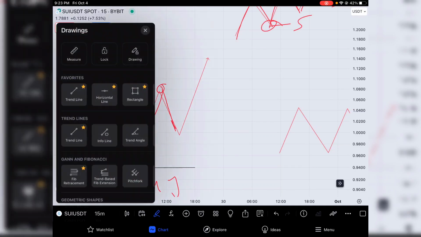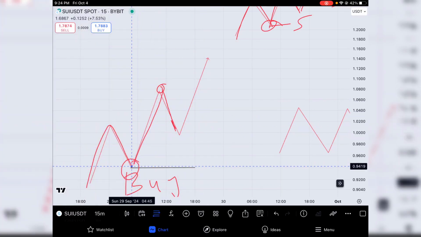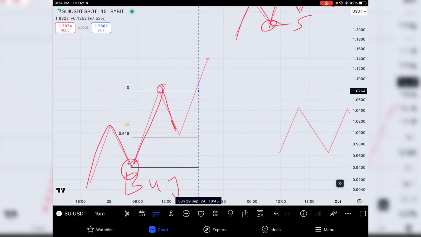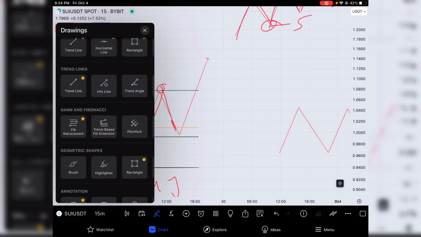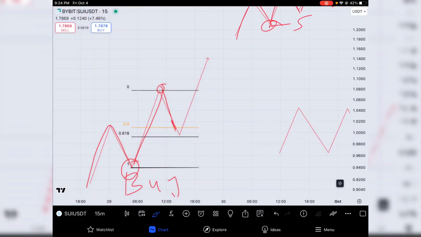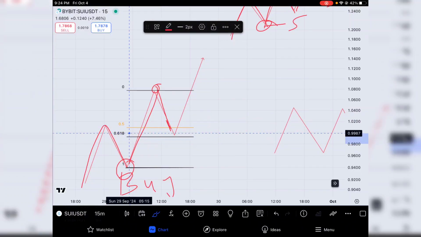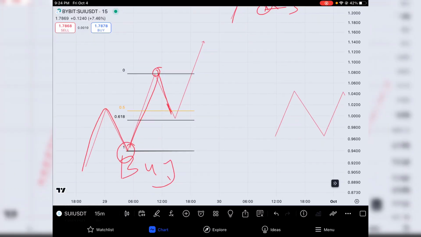So how do I use that? You carry your Fibonacci tool, place it from the support and put it at the resistance, the last high that the market gets to. Now the points you will be looking for are the 0.5 level and the 0.618 level.